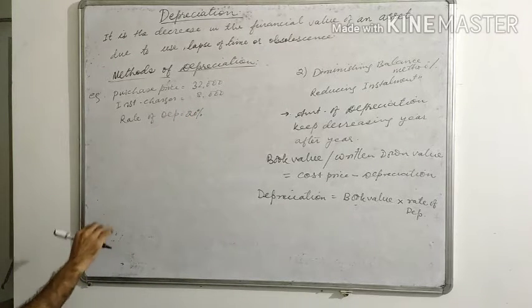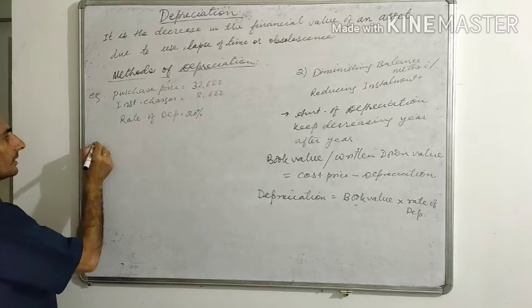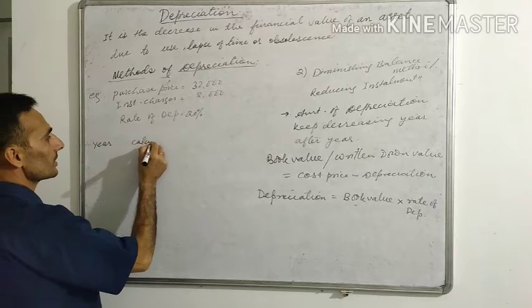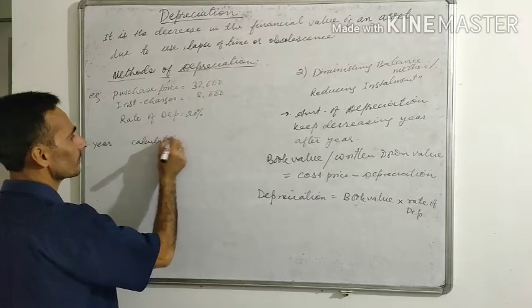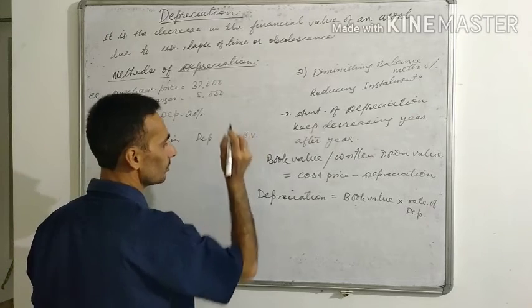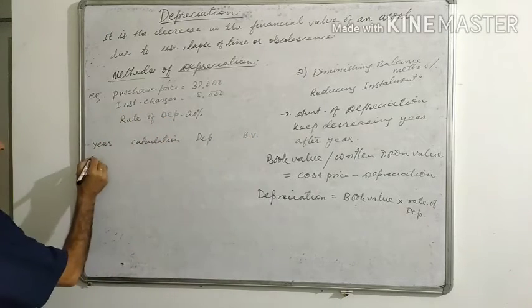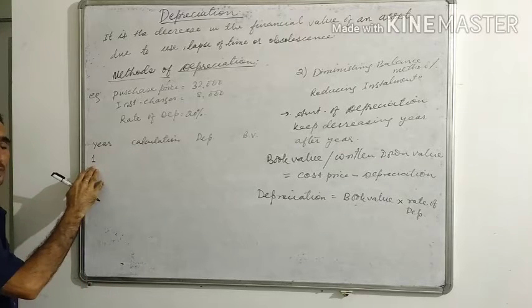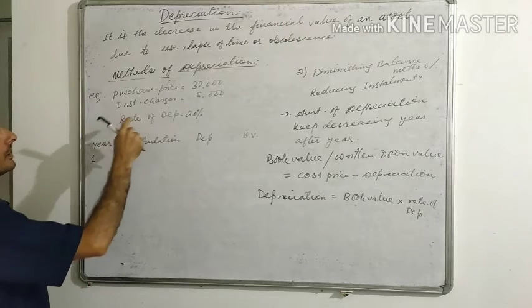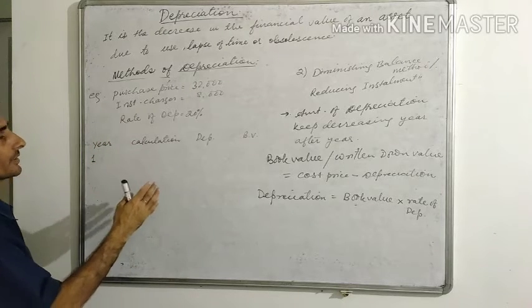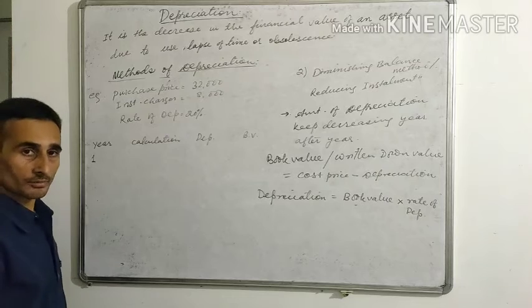Then how do we calculate depreciation in this case? This is your depreciation calculation here. Depreciation and then the book value. For the first year, we need to take the original price, or original cost of the asset.